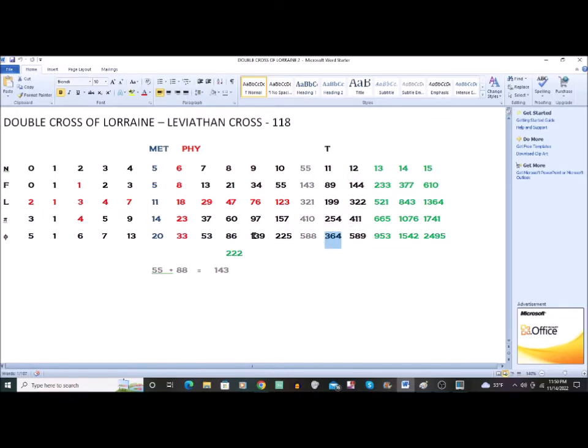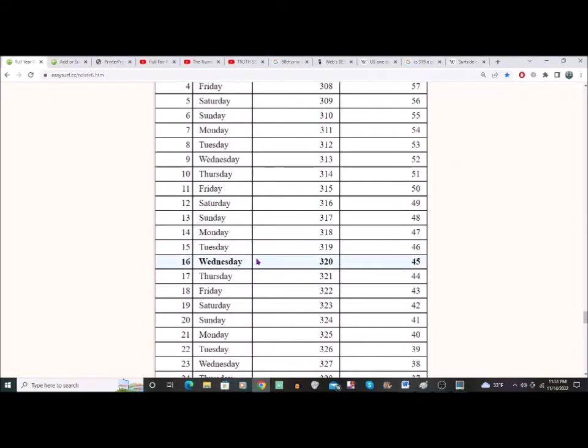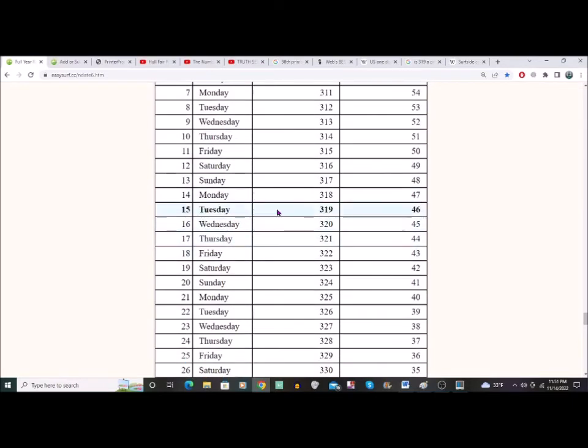So if we were to count on from this now and say that this was, let me explain. This is getting a little bit complicated. If this is 361 right here, 362, 363, 364.